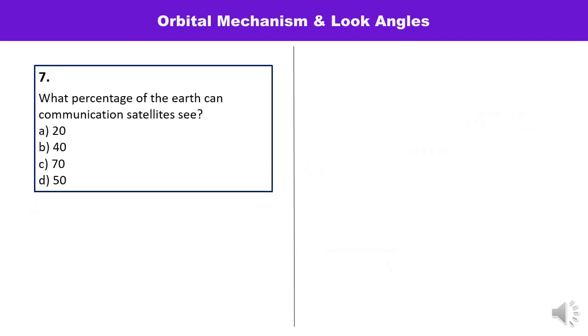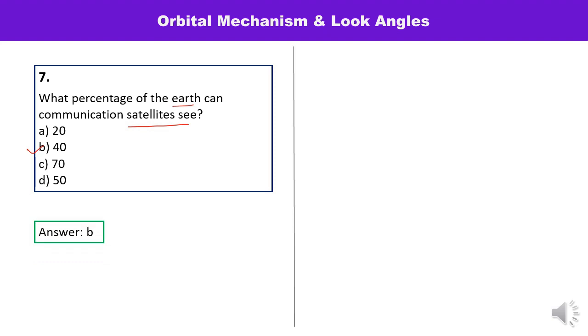What percentage of Earth can communication satellites see? Meaning communication satellites cover or see how much percentage of the Earth? So this is approximately 40%. So you have to mark this option, which is B, and this is the correct one.